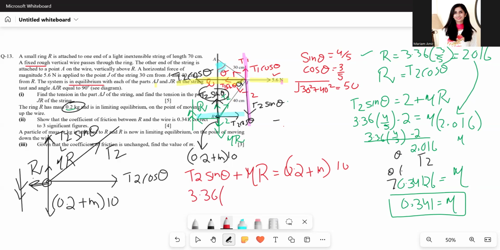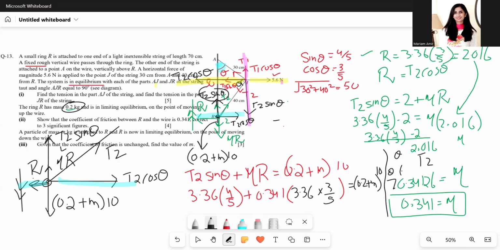Sine theta was 4 by 5, plus mu was 0.34149, times R. R is the right force, so it is T2 cos theta. T2 is 3.36, cos theta is 3 by 5, equals 0.2 plus m times 10.